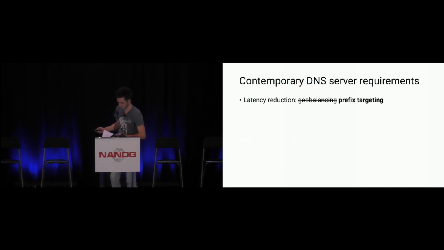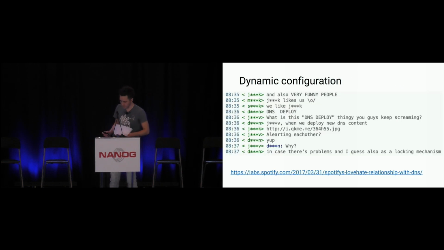Problem solved, management is happy. So geobalancing and prefix targeting may be extremely useful for some enterprises. The issue with that, of course, is this all adds great computational complexity to a DNS answer.